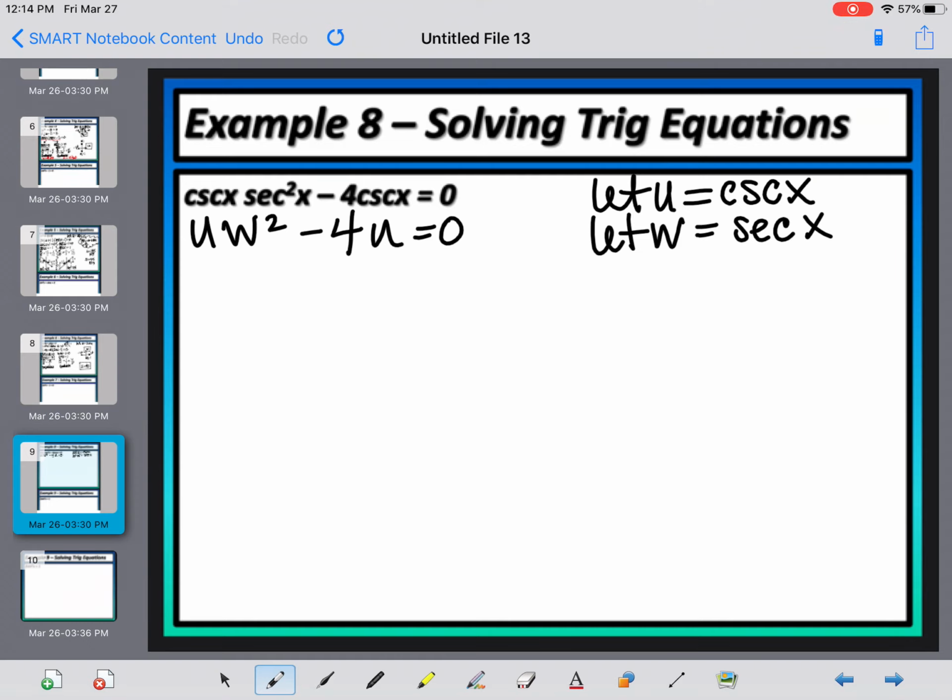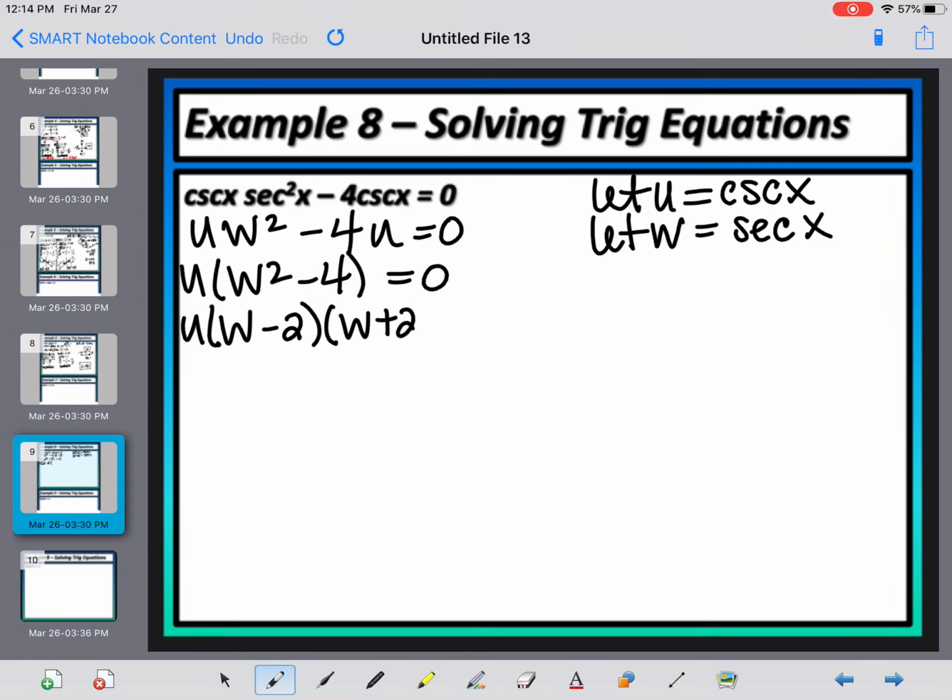So I get u w squared minus 4u. So I'm going to take out a u. And then what I have left in parentheses happens to be a difference of squares.